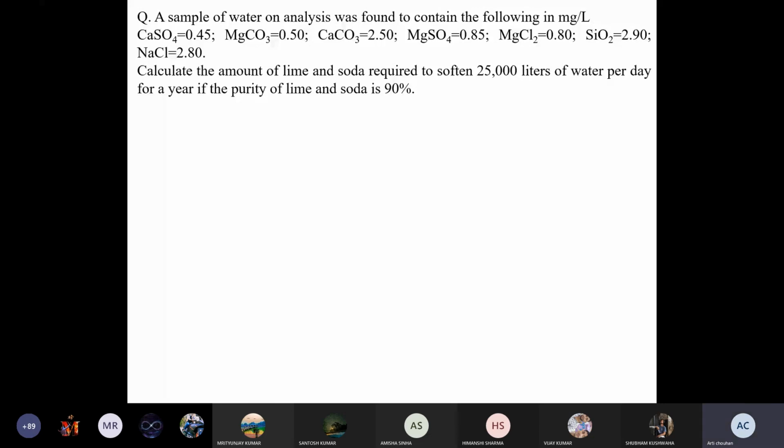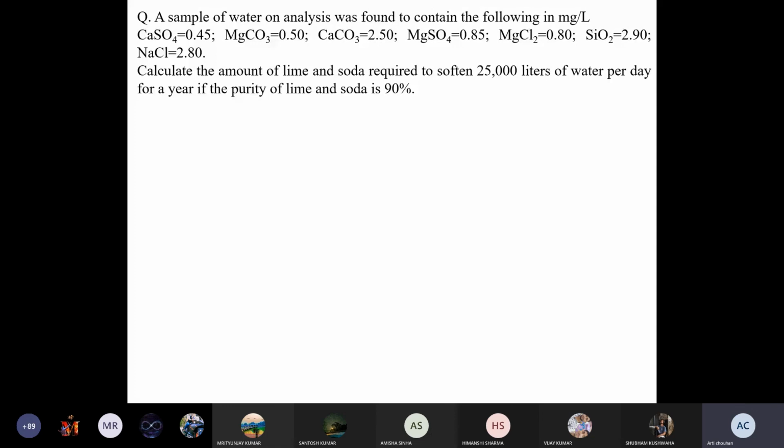Okay, so here we can identify all the things: calcium sulfate, permanent calcium hardness; magnesium carbonate, temporary magnesium hardness; calcium carbonate, temporary calcium hardness; magnesium sulfate, permanent magnesium hardness; magnesium chloride, permanent magnesium hardness. Silica does not cause any type of trouble, and it is not going to consume lime and soda.